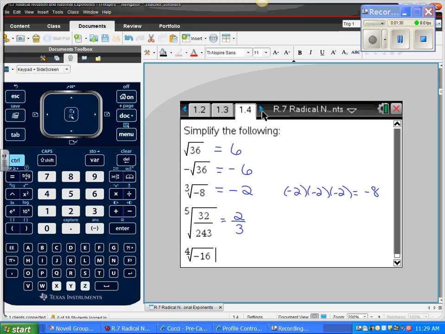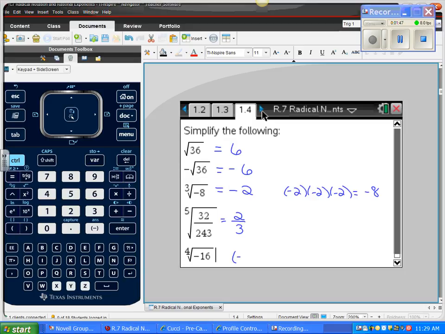The fourth root of negative 16 is, well, we have a problem, right? Can we multiply a negative number by itself an even amount of times and get a negative?